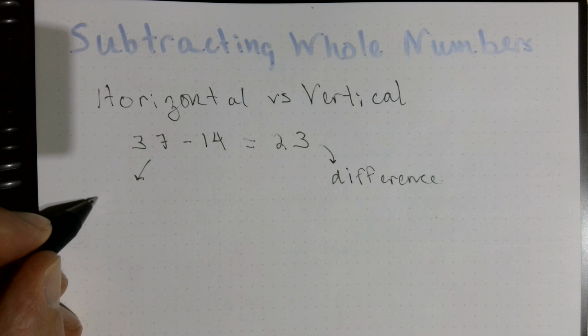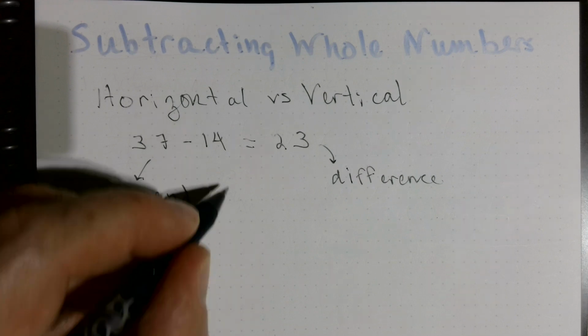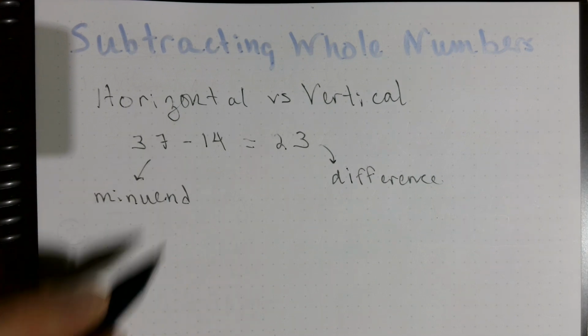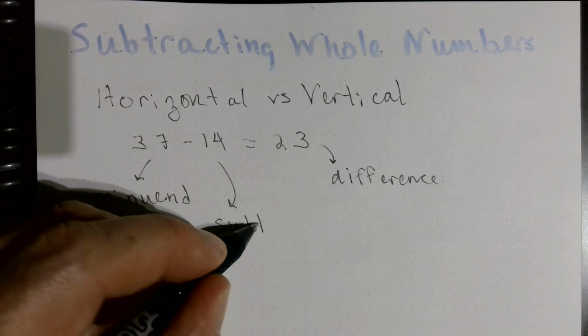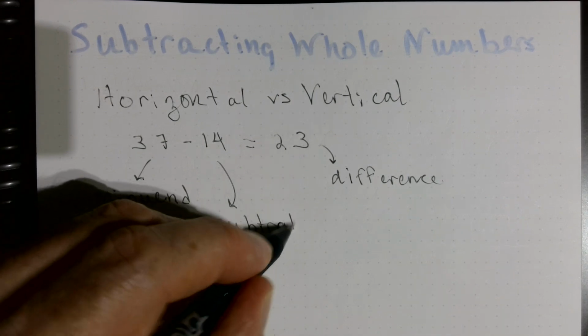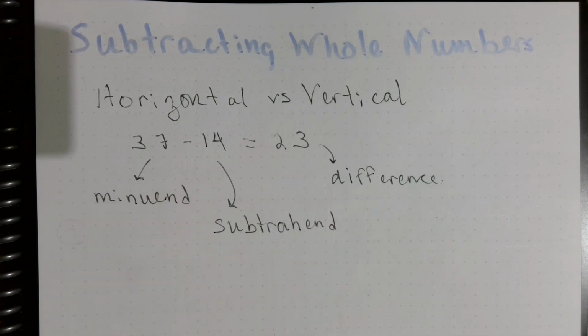This guy is called the minuend, the first number in the process, and this thing is called the subtrahend. Don't worry too much about that, but of course when we're dealing with subtraction, order matters, so they have to have different names. When we're dealing with addition, the operation of addition is commutative, so both of the terms had the same name. We could get away with that there, but not here.